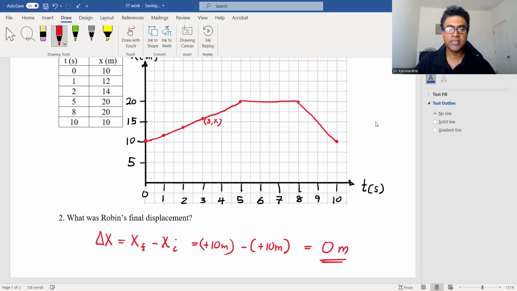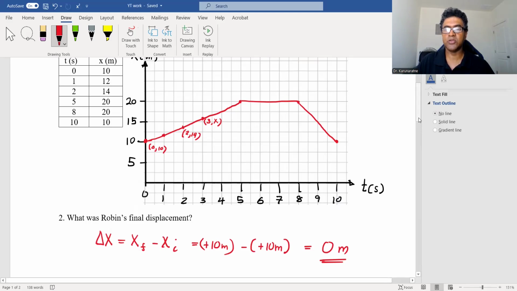This point, as you know, is 0, 10. And let's take another point, this one, which is 2, 14. Using these points, we can find rise over run, which is the slope. Since it's a straight line, the rise over run is going to be the same in each case.